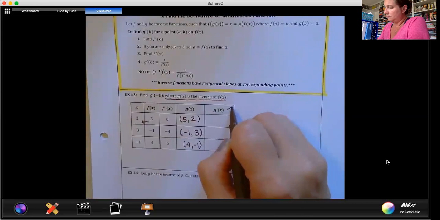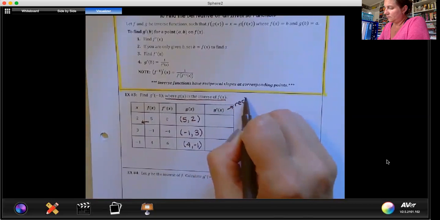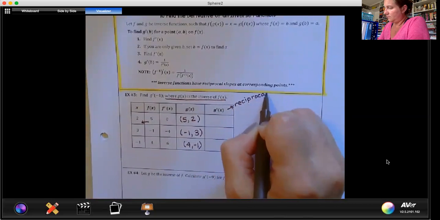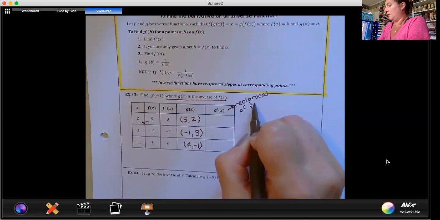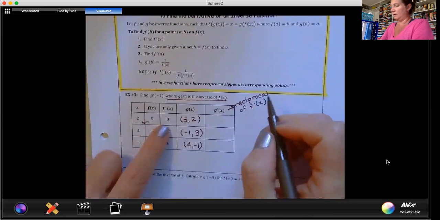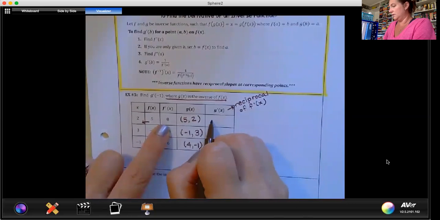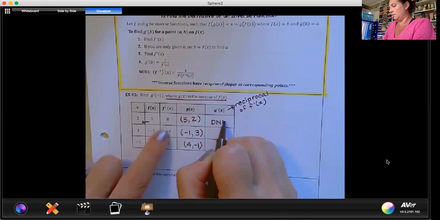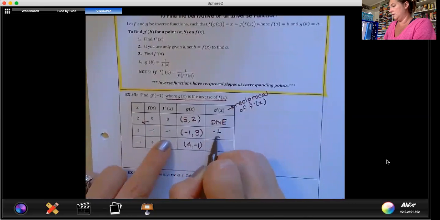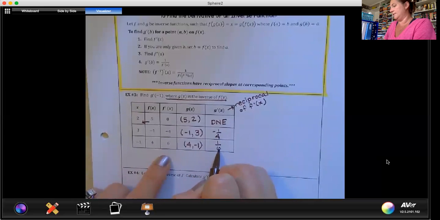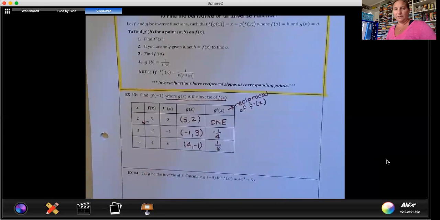So for this column, we're going to do the reciprocal of f prime of x. The reciprocal of 0 does not exist. The reciprocal of negative 4 is negative 1/4. And the reciprocal of 6 is 1 over 6.